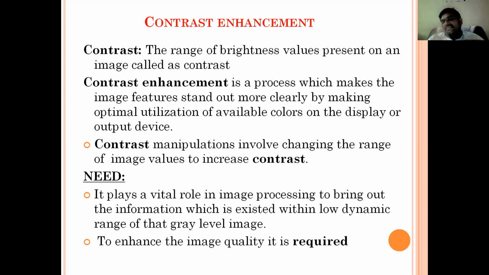The old digital number range is, for suppose, 0 to 255. 0 is dull and 255 is high brightness. If you want to increase the value from 5 to 10, the original value 5 is erased. That's what this point is telling us. Contrast manipulation is changing the range of image values to increase contrast.